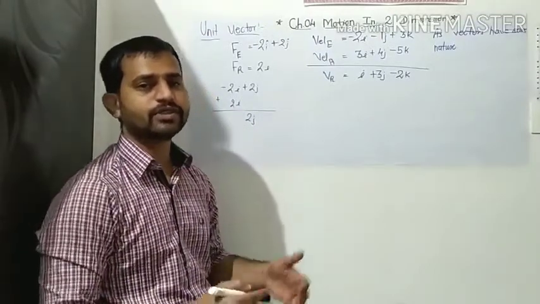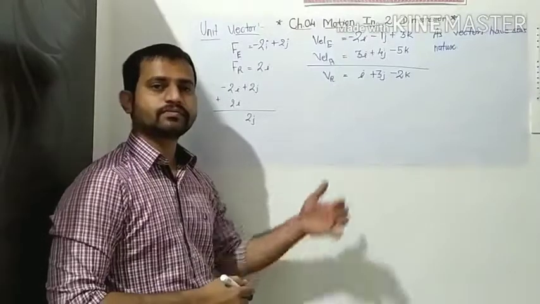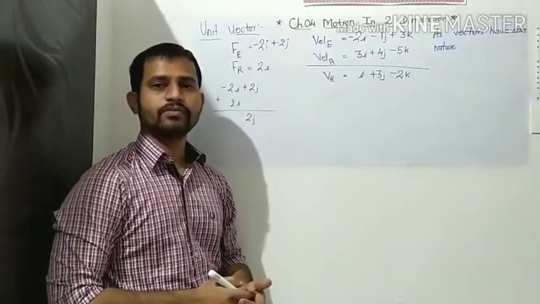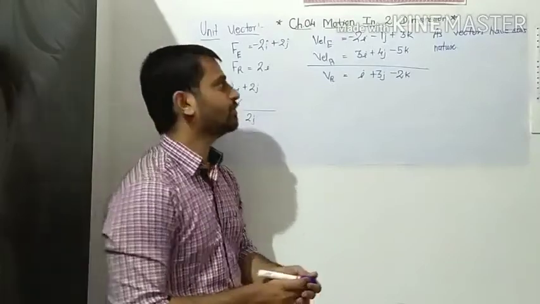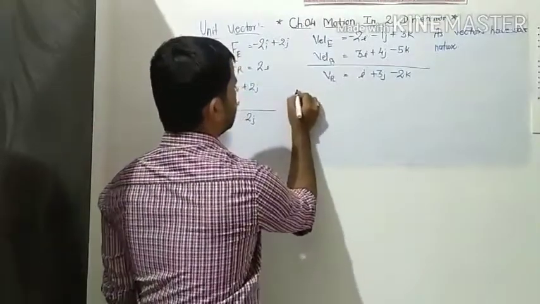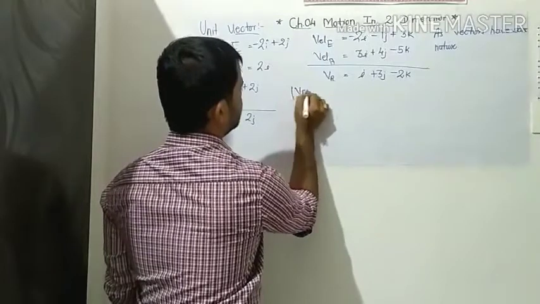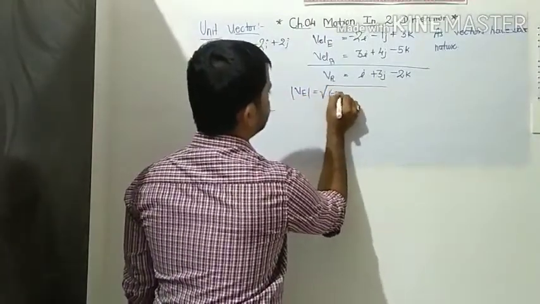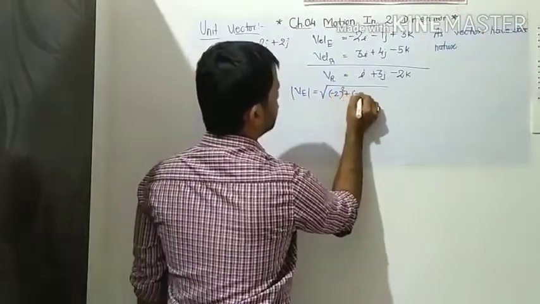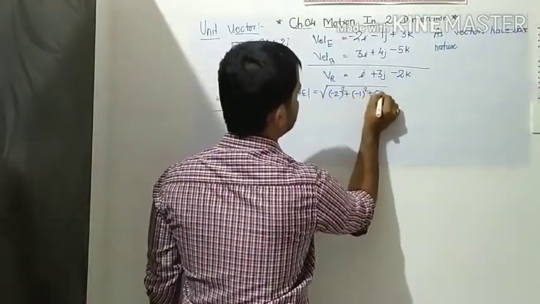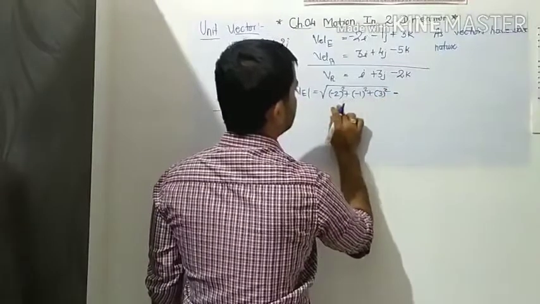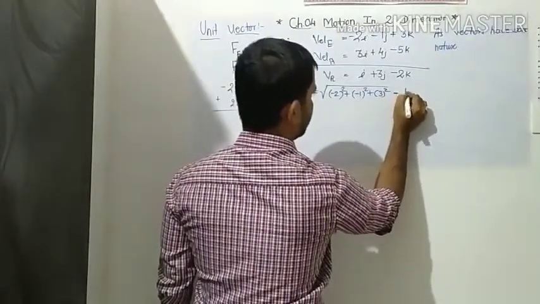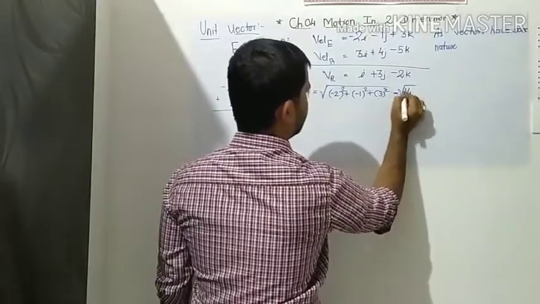For that purpose we just have to take the square root of the sum of the squares of the magnitudes in all the directions. So what is the magnitude of the velocity of the engine? It is under root of -2 square plus -1 square plus 3 square, so it is 4 plus 1 plus 9, that is 14, under root of 14.